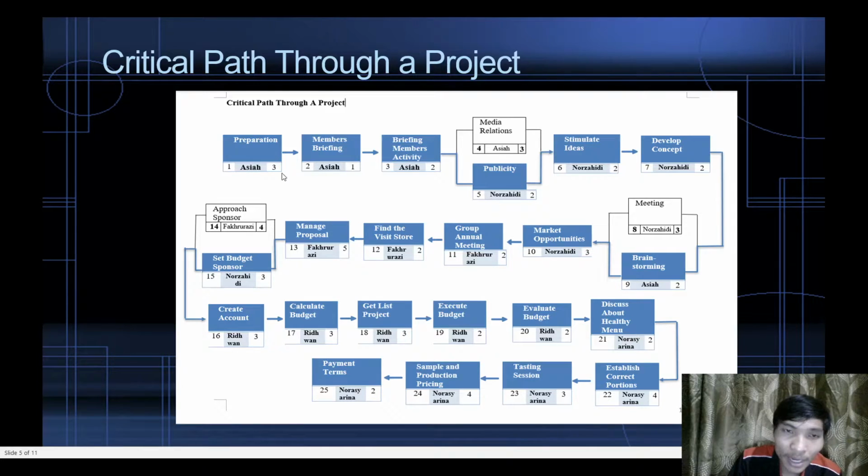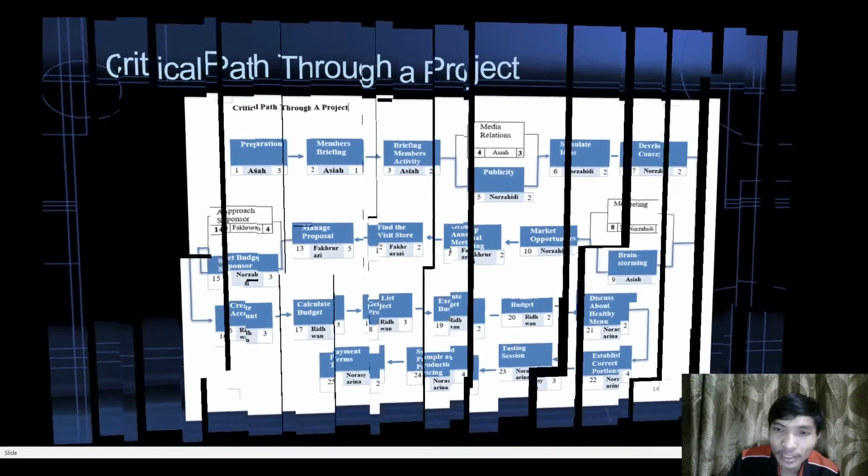So the critical path goes from activity 1, preparation, until activity 25, payment terms, handled by Sharina, and it takes 2 days. That's the critical path through a project.